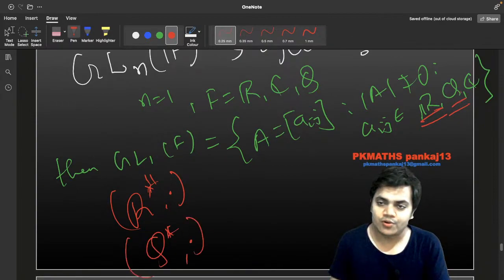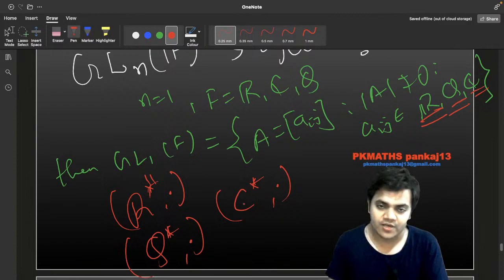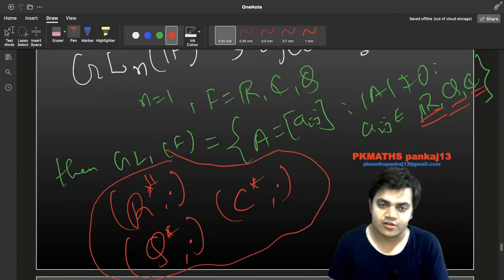If we take the field as C, then this GL1F is nothing but C star with respect to multiplication. And in all these three cases, we know all these three are certainly non-cyclic. We had already seen.